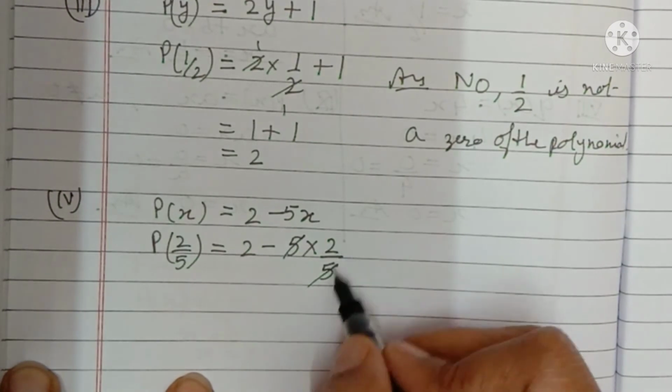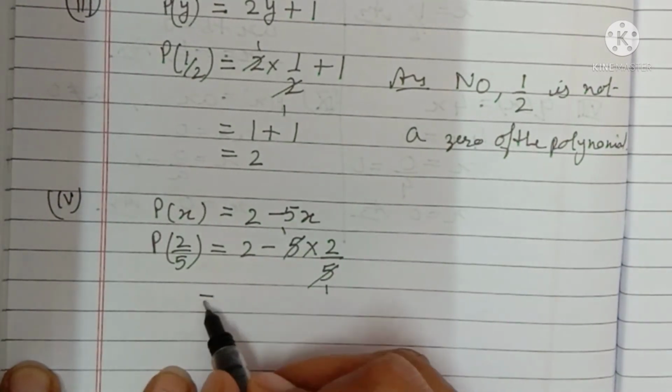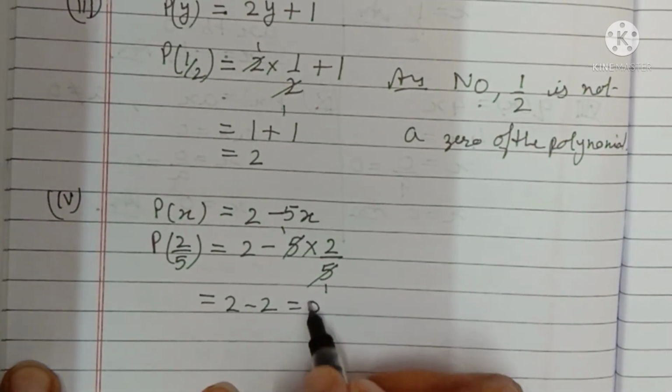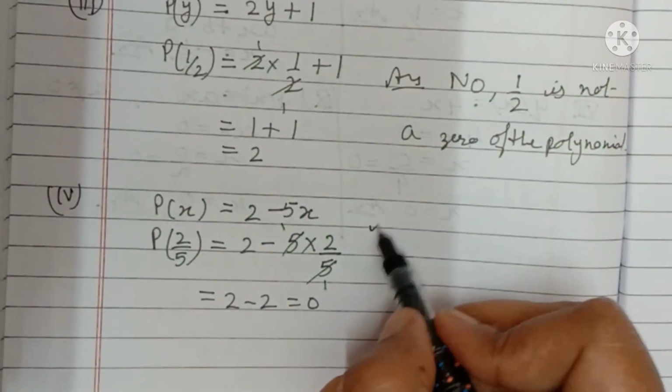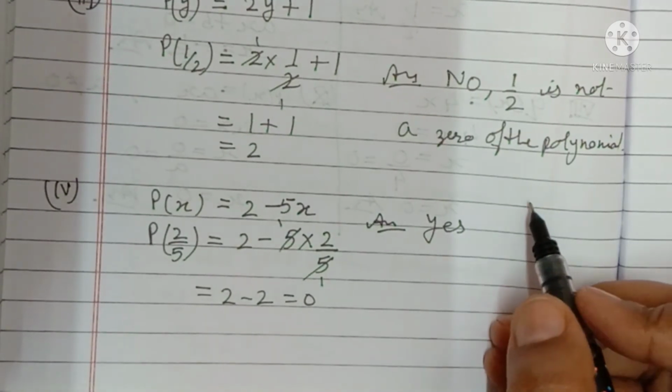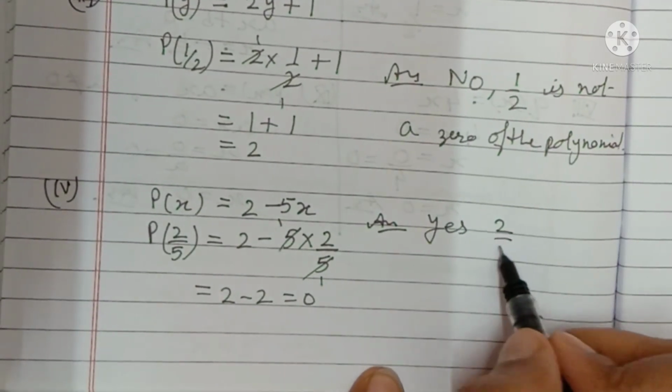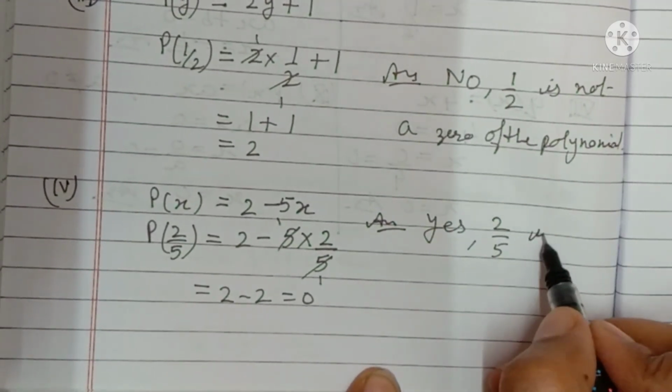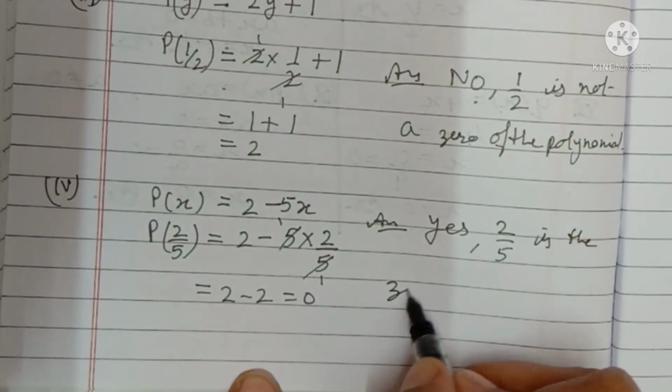The 5s cancel, and this becomes 2 minus 2, which is equal to 0. So this is the answer: Yes, 2 upon 5 is a zero of the polynomial.